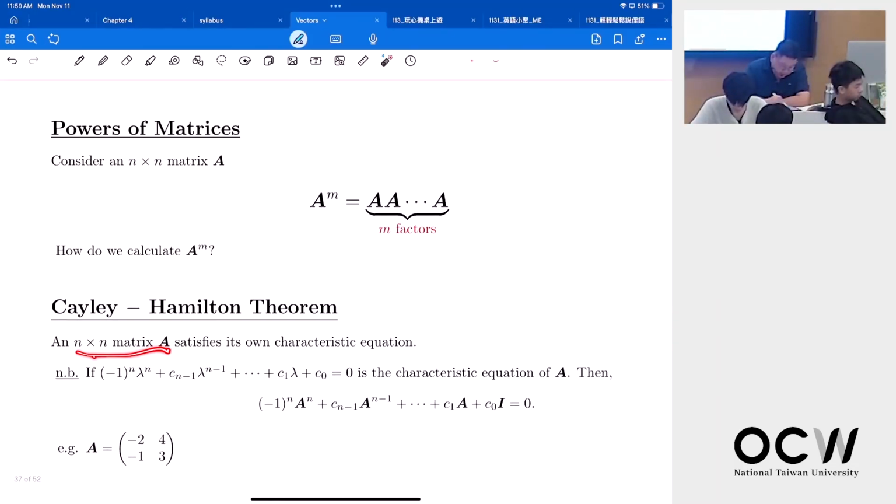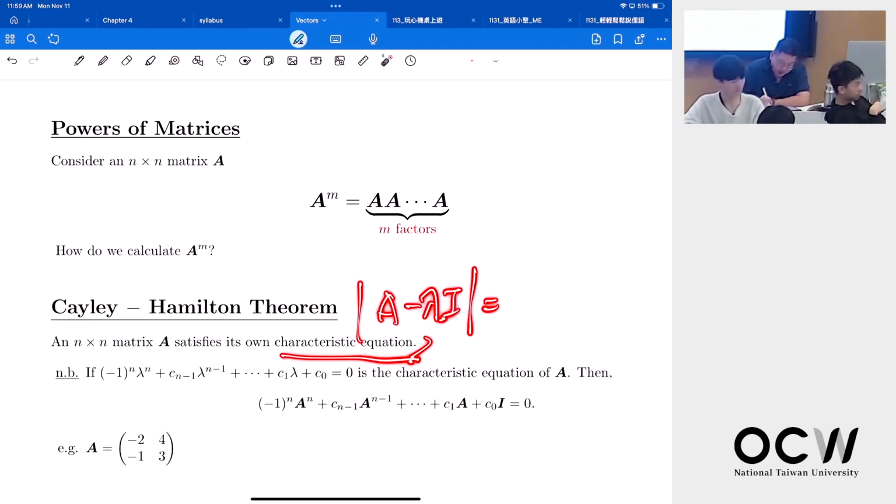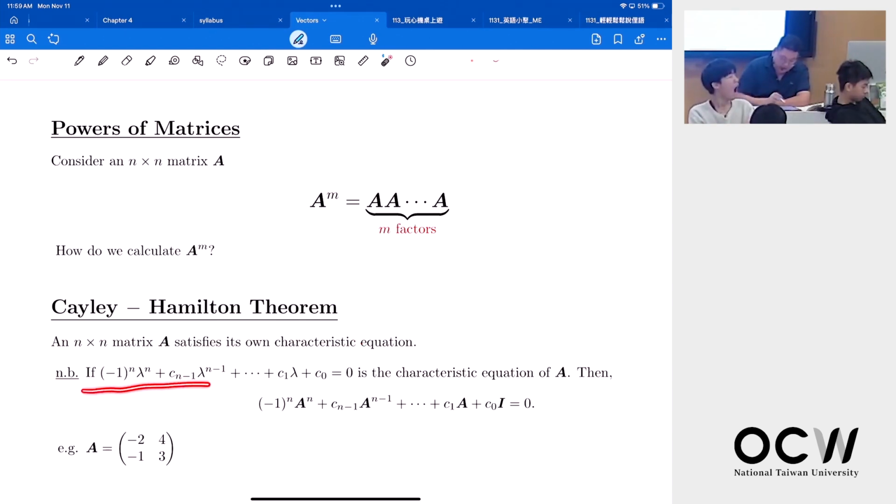A matrix A, n by n, satisfies its own characteristic equation, which means the determinant of A minus lambda I equals 0 is the characteristic equation. Then if this polynomial is the characteristic equation of A, you can just change the eigenvalue lambda to the matrix A. They are the same.